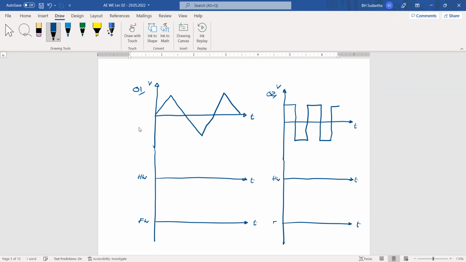This is for full wave. Just draw this one, and after that we can try another two after completing this one. Take a couple of minutes and try to complete this.